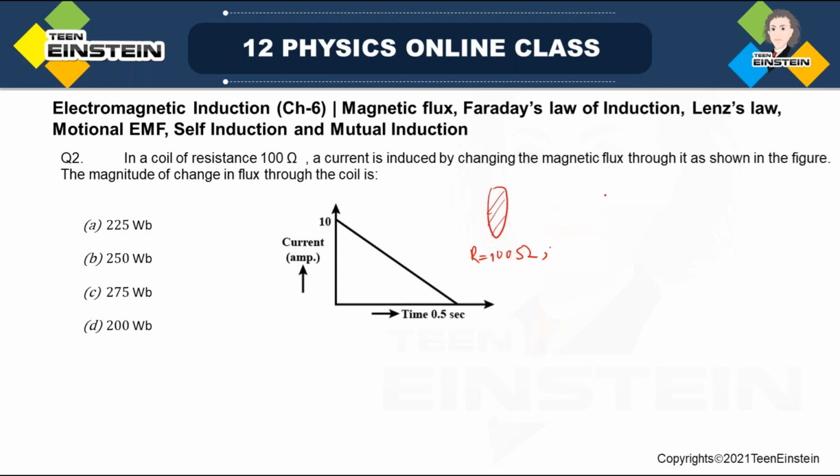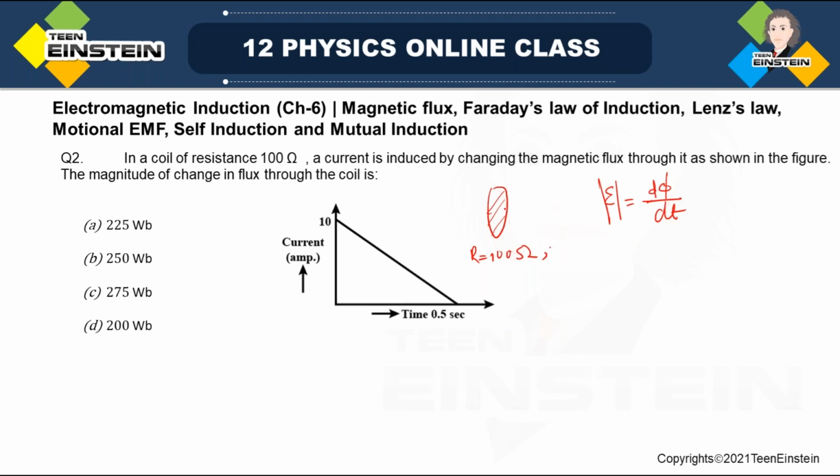Let us first write what is EMF. EMF is equal to, actually I am writing this modulus, d phi by dt. All of us know that this is Faraday's law. So change in the flux will give you EMF. I'm just taking the modulus.